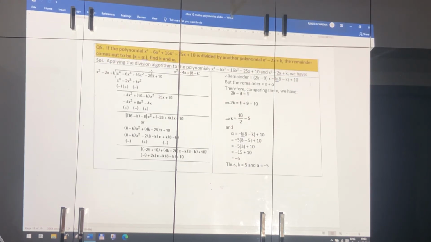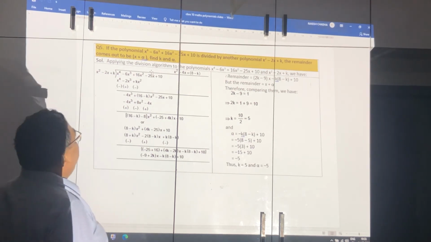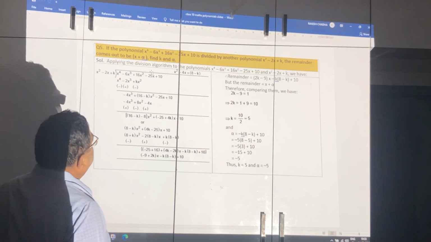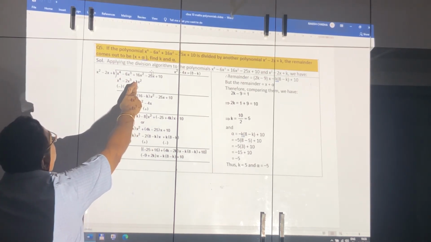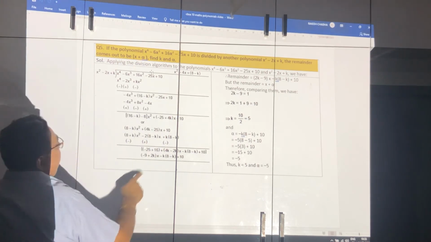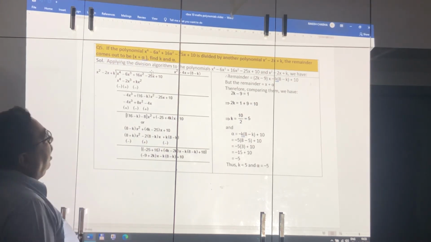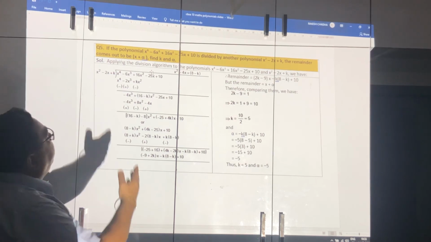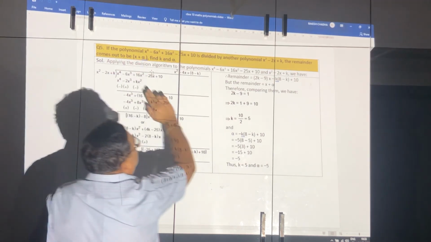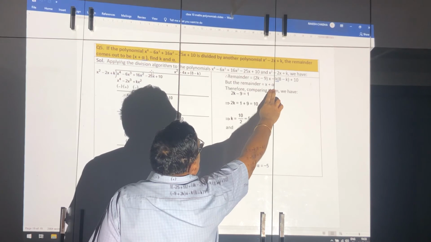If the polynomial is divided by another polynomial, the remainder is this. Find k and alpha. So first, if I divide, okay, and I get a quotient and I get a remainder. Now, I've already told that the remainder is x plus alpha. So, they've told me it is x plus alpha.